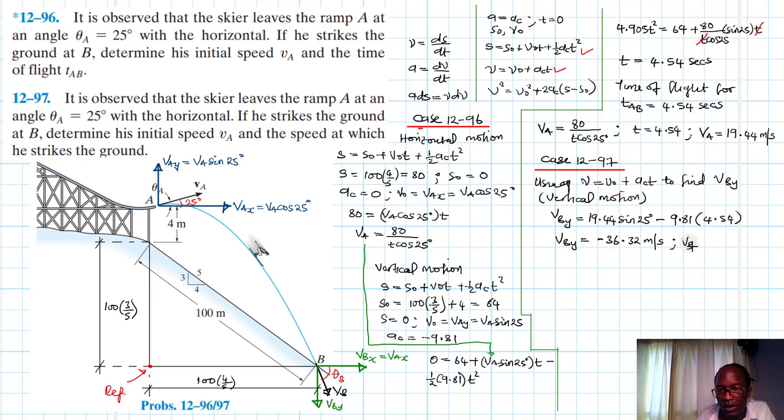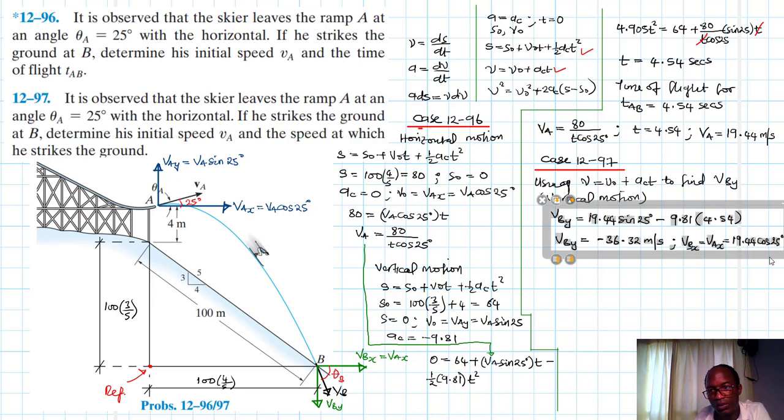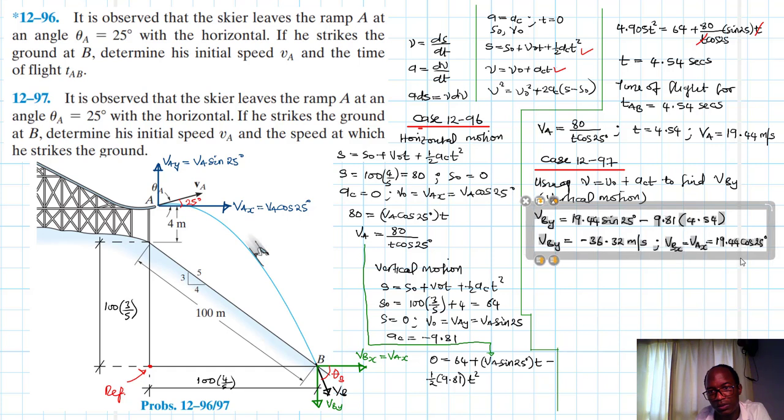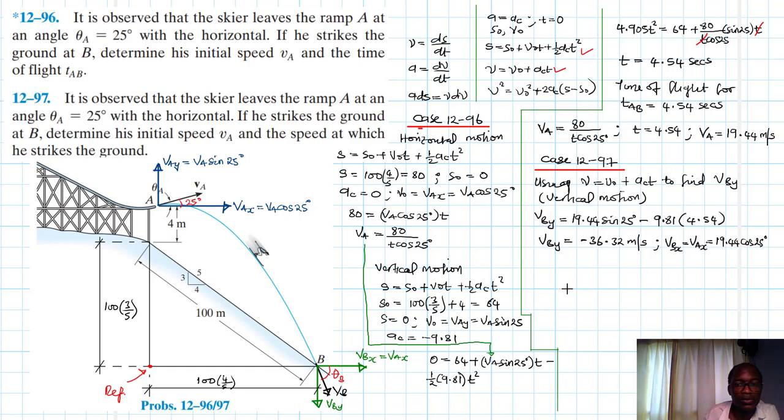Then our VBX is equal to VAX, which is equal to 19.44 cos 25. Okay, let me just move this a little bit, maybe this side like so. Alright, so with this information we can therefore find VB, which is just equal to the square root of VBX squared plus VBY squared.